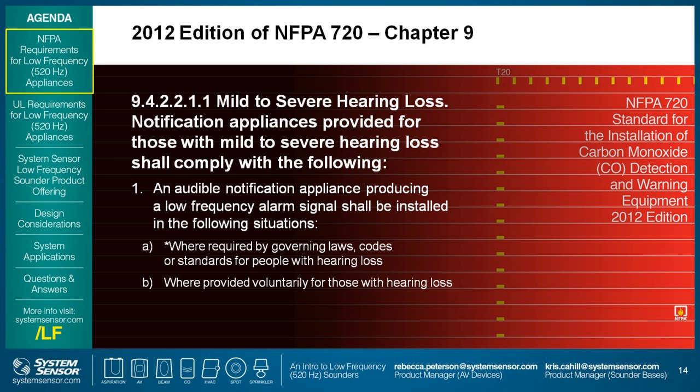The compliance date is the same as Chapter 6, and I think I forgot to mention that previously, that the compliance for the NFPA 720 is January 1st of 2015. And the difference in the date is just because NFPA 720 and NFPA 72 are in different code revision cycles, so they're just a year behind.